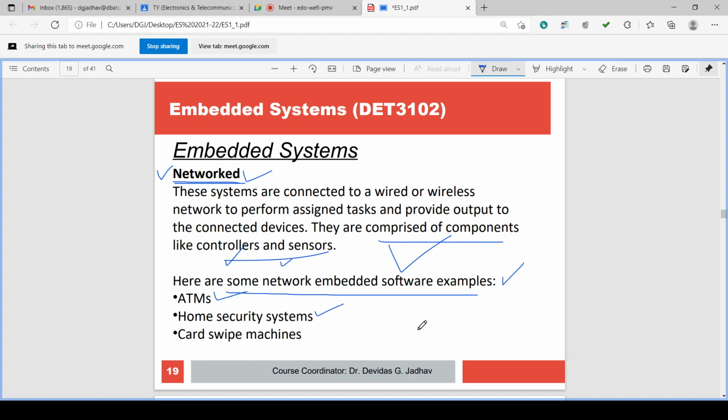All are connected to the central monitoring system. CCTVs are there. If you are out of home, you can check whether your home is well protected or not.